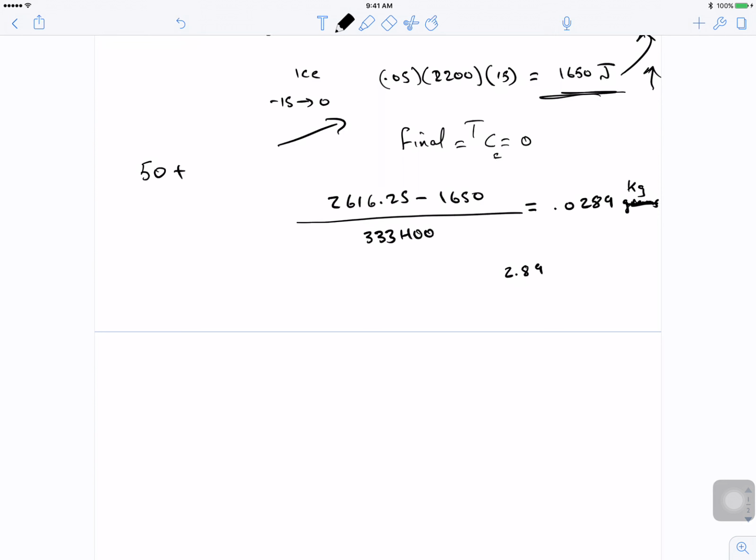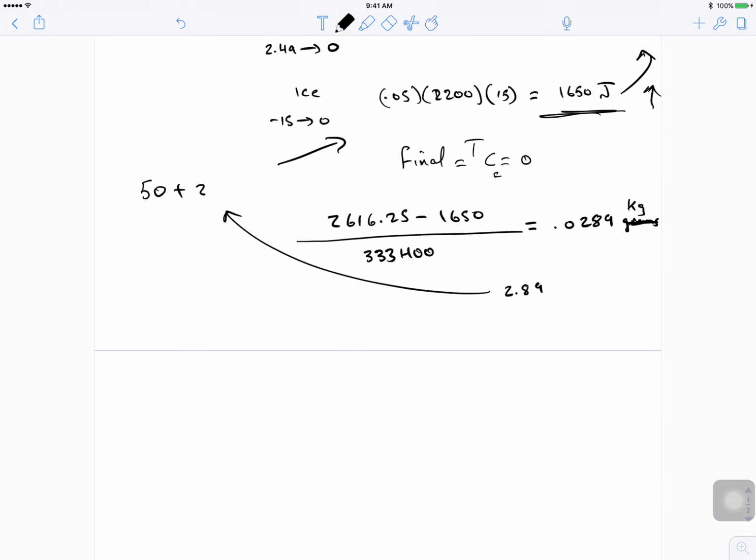And then you add this guy to here, so the total is 52.89 grams.